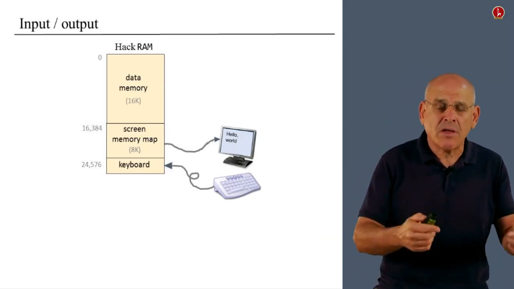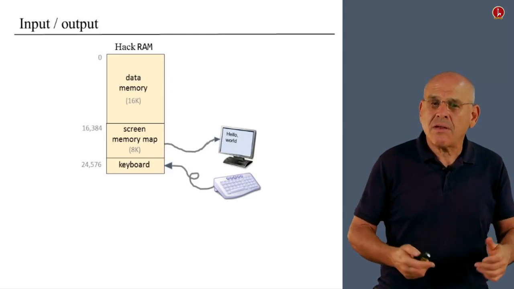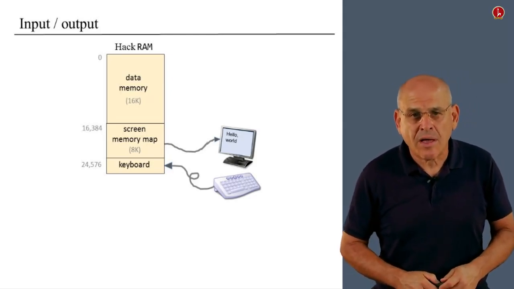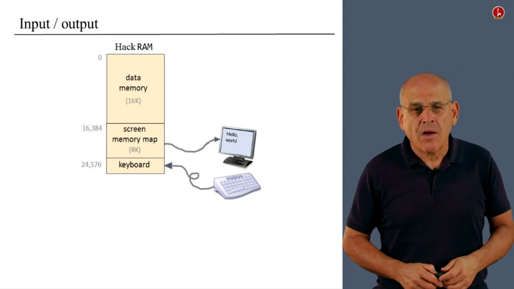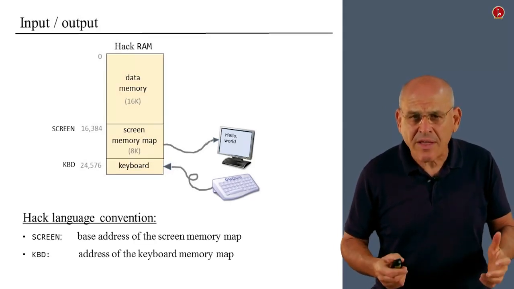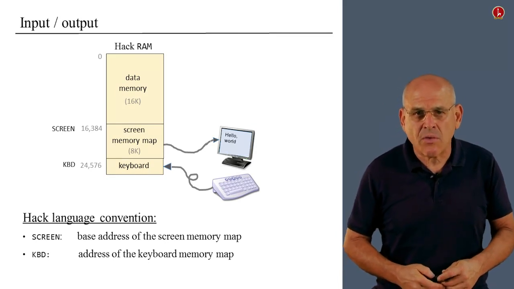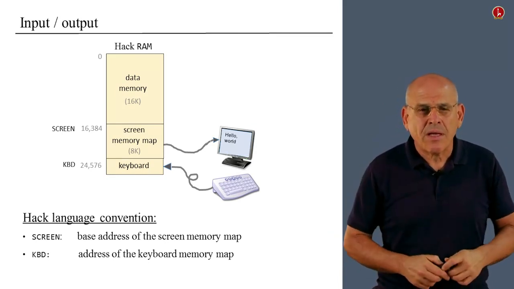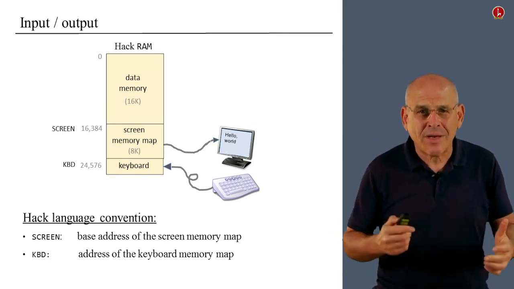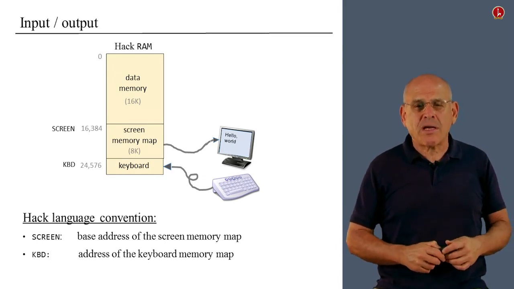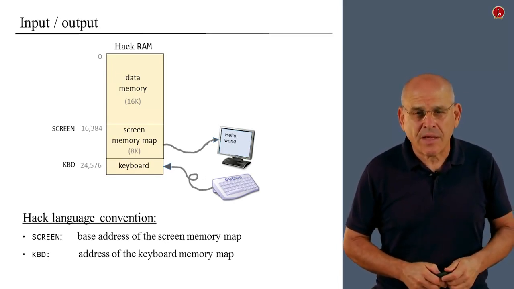And we have a keyboard which is connected to yet another area in the memory, which we call keyboard. All right, so we also have these labels that record the base addresses, so we don't really have to remember any actual number when we set out to process the screen and the keyboard.